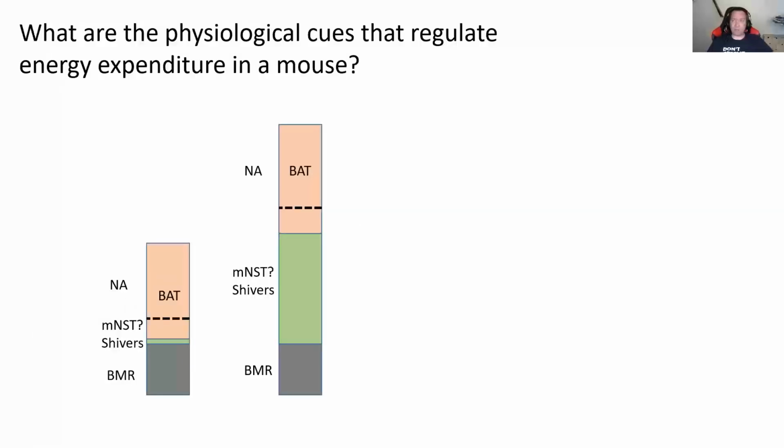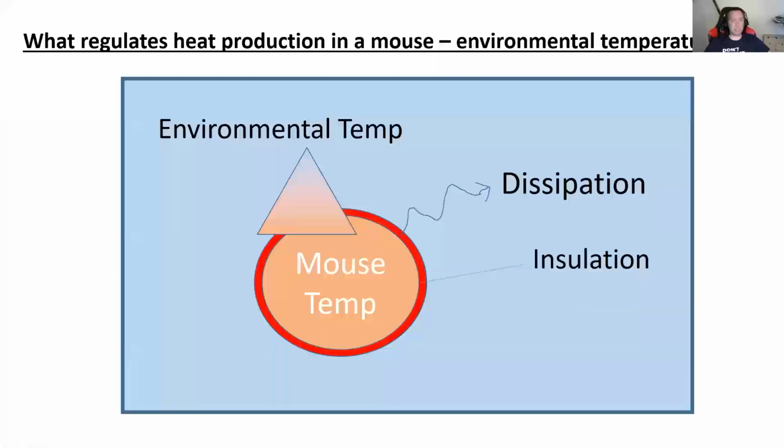So what are the physiological cues that regulate this differential between 5 degrees and increasing it or decreasing it down to 24, increasing it up to 5? What are our signals that are going to mean we have high metabolic rate and high BAT activation? So I've already alluded to them, but there's basically 2 major factors.